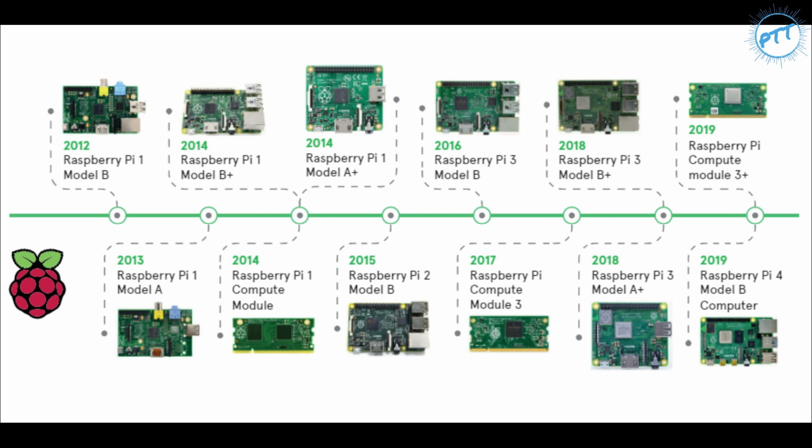In the year 2019, Raspberry Pi Foundation released its 4th edition of the Raspberry Pi board, which was the Raspberry Pi 4 Model B. This board runs on a Cortex A72 64-bit quad-core CPU at 1.5 GHz. It has various RAM configurations of 1GB, 2GB and 4GB.